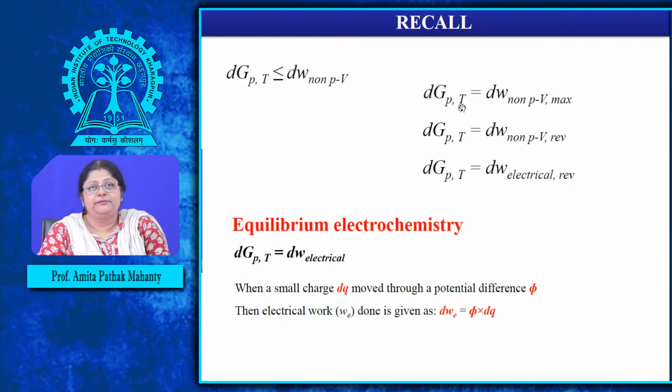If you remember, delta G is a measure of the maximum non-PV reversible work. Since we are applying electrochemistry to a system which is reversible, we are talking about a galvanic cell, not an electrolytic cell, because electrolytic cells are not reversible or spontaneous.